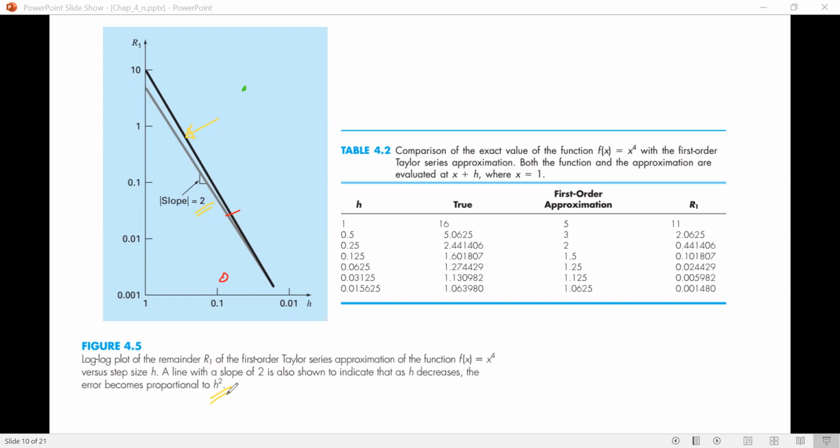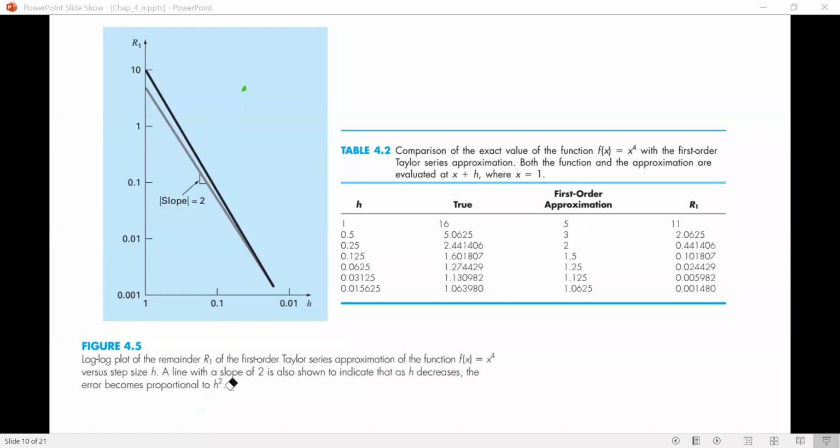So depending on the nonlinearity of your function, we can select our step size smaller so that the error will be smaller. But how small the step size can be is another issue. We'll be discussing this later. We have two types of error.